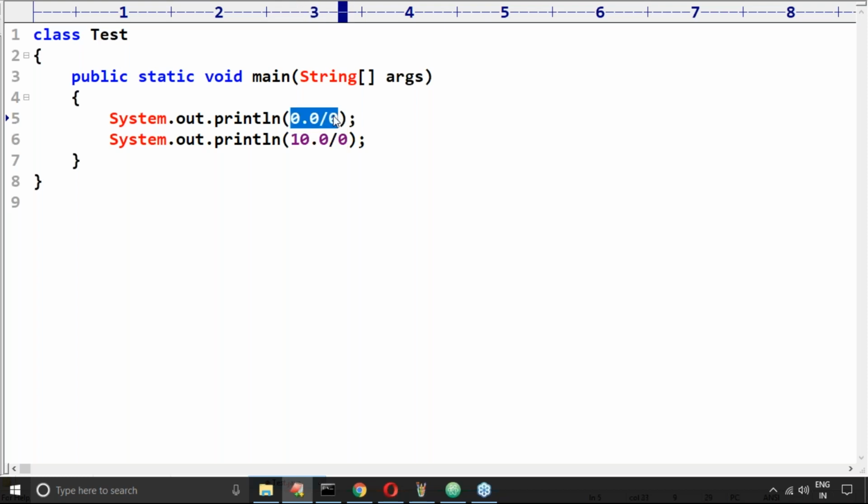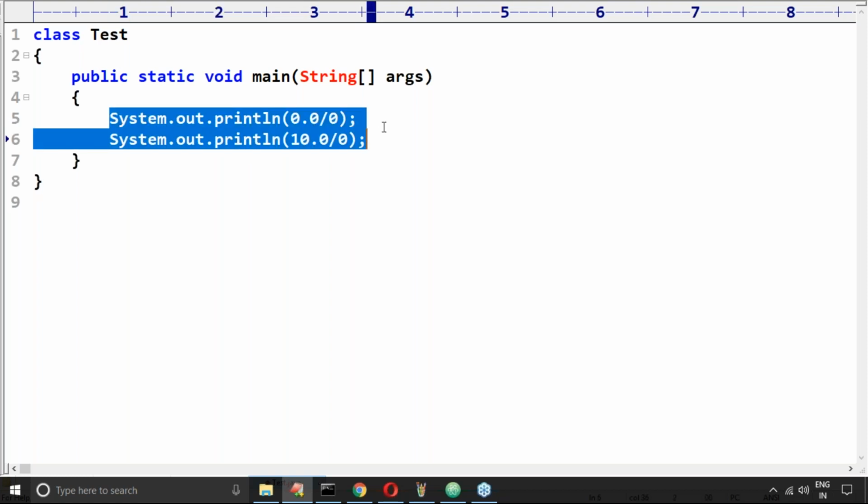In integer arithmetic, we always get an ArithmeticException in Java. But in floating point arithmetic, we never get a ZeroDivisionError or an arithmetic exception.